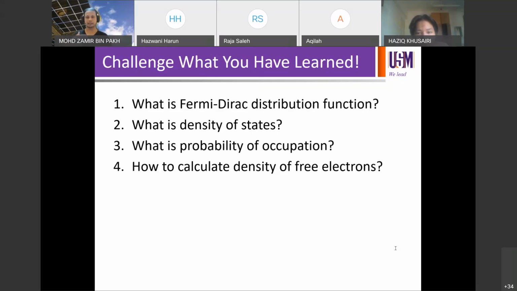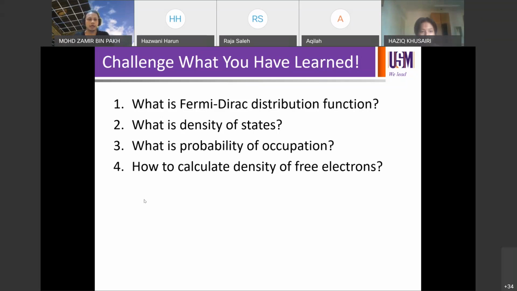Don't write the size of the room in your answer. I'm just giving you an analogy to understand easier. So density of states is the size of the room that can be occupied. For example, if you rent an apartment, how many can go in? Say 7 people, then the limit will be 7 people, right? So that means 7 electrons can be excited, for example.